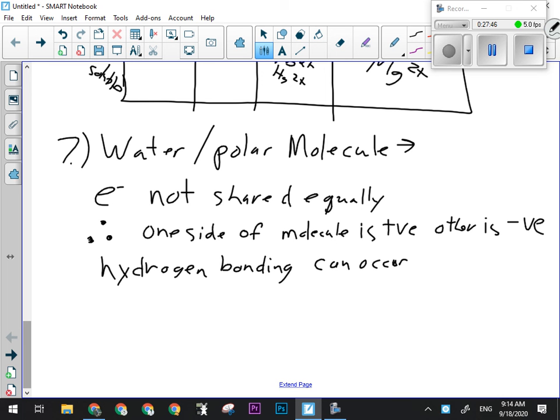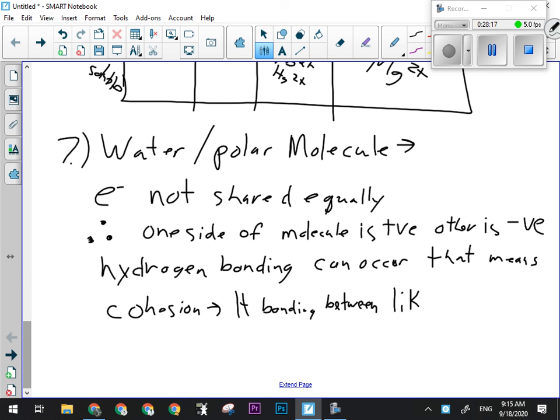and that means cohesion, which is hydrogen bonding between like or dislike. Cohesive means to be the same, like together, right? Yeah. So hydrogen bonding between like molecules, usually water.